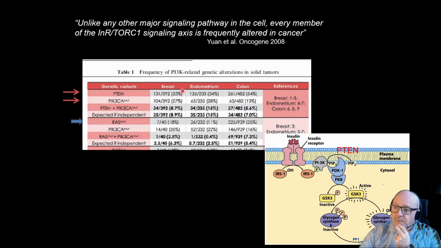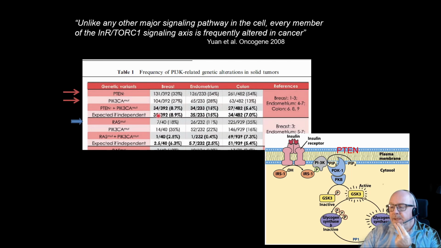PTEN is found mutated in 33% of breast cancers, over 50% of endometrial cancers, and over 50% of colon cancers. PI3 kinase constitutively active mutations, so that this pathway will be on even if you have PTEN, are found in 27% of breast cancers, 28% of endometrial cancers, and 13% of colon cancers.